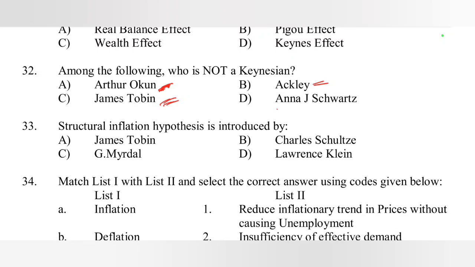So option D is right here, because he is a monetarist, not a Keynesian. A monetarist economist who, along with Milton Friedman, was a key figure in the development of the monetarist school of thought. This school of thought contrasts with Keynesian economics, which focuses more on fiscal policy and government intervention. And Okuns, Ackley and Tobin are associated with Keynesian economics.